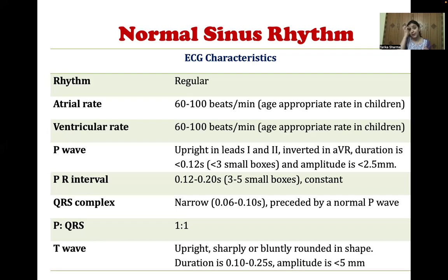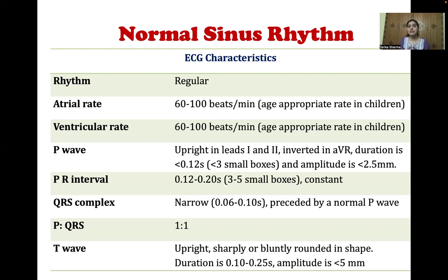And the QRS complex, normally a normal QRS complex is narrow. What does narrow mean, how much will its duration be? 0.06 to 0.10 seconds. Its duration will be less than 3 small squares. And every P wave should have, afterwards there should be one QRS complex.